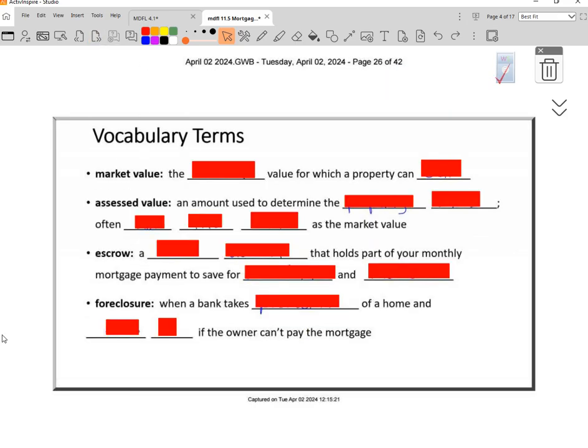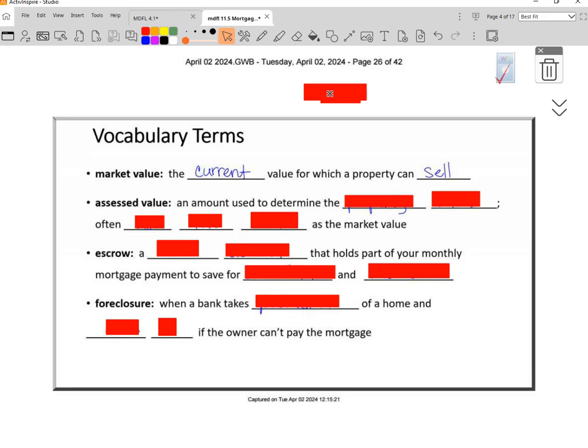All right, so these are some other terms you should be familiar with before you start shopping for a home or a mortgage to buy a home. Market value. Does anybody know what market value means? Sam says yes. Oh, that's exactly right. Isabel said it's the value for which you can sell the property. So it's the current value for which a property can sell.